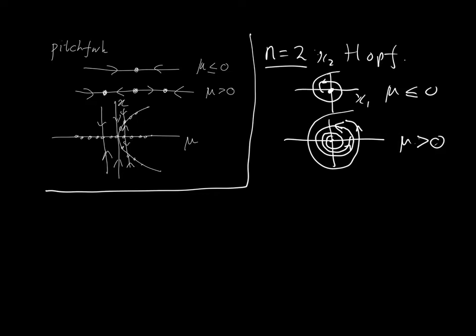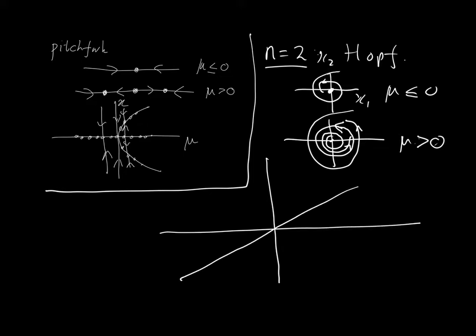Now I can draw a bifurcation diagram for this. It's a little bit difficult to draw, but I will attempt it. This is mu. Again, the transverse space, which is the phase space, x1, x2, is now two-dimensional. I have a curve of fixed points here at 0.